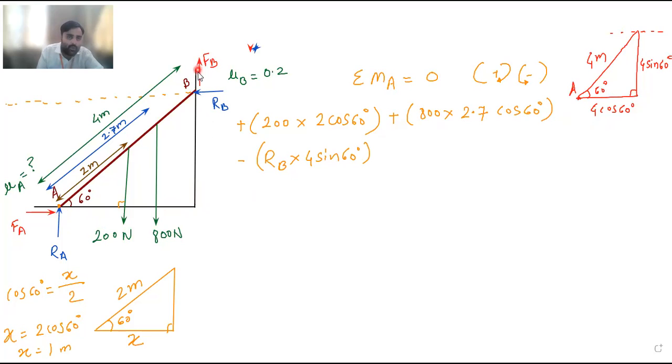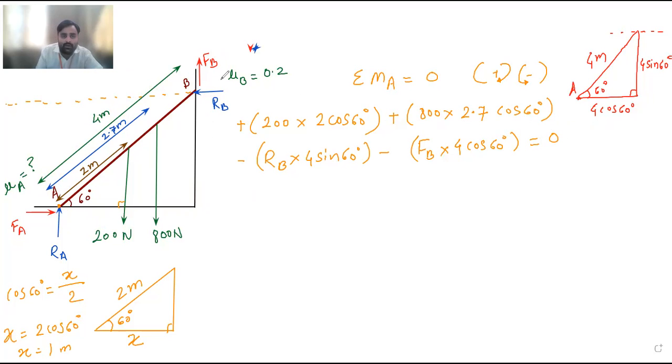And RB is moving upward, so if you rotate about the point A, it will rotate in anti-clockwise direction. So again, this FB is also minus. So I will write minus FB into 4 cos 60, which is equal to 0.